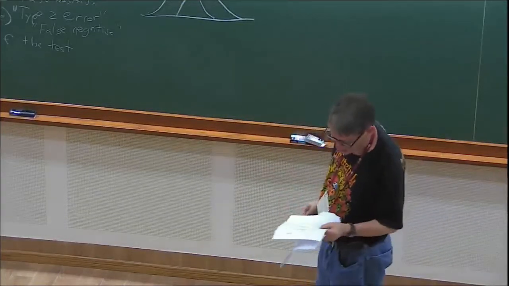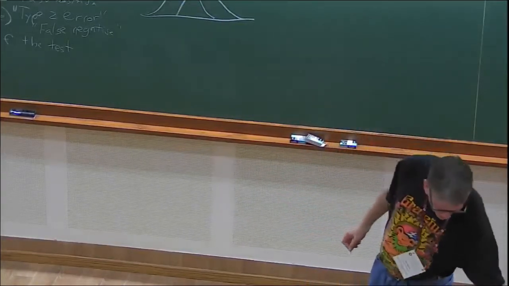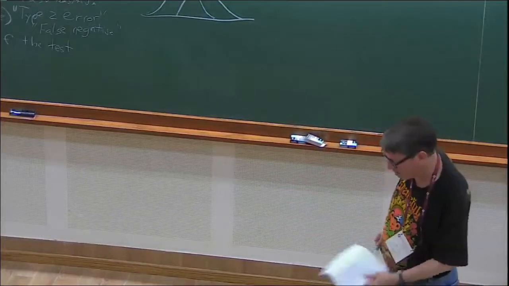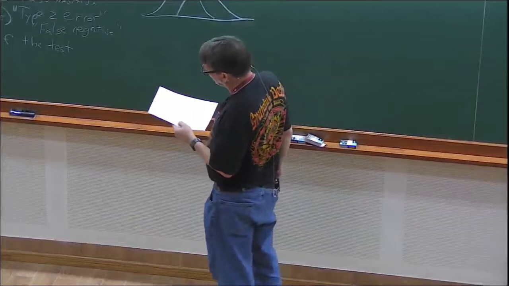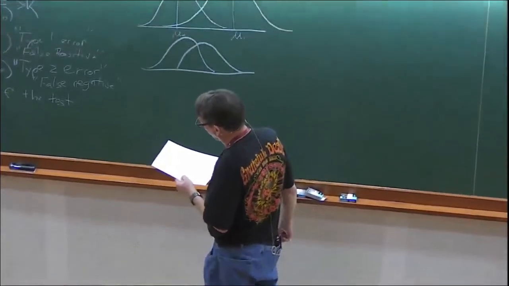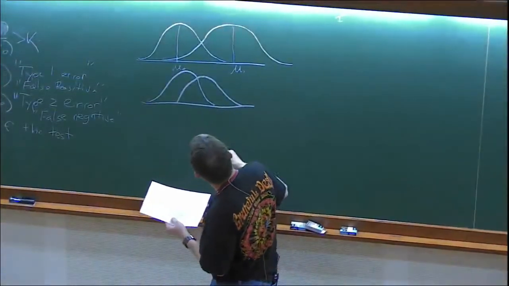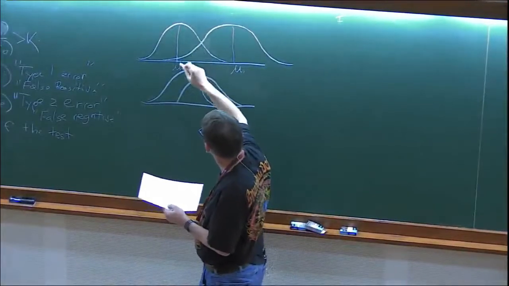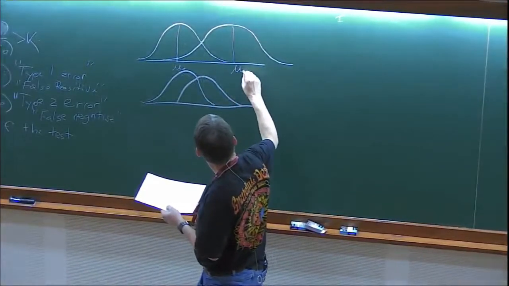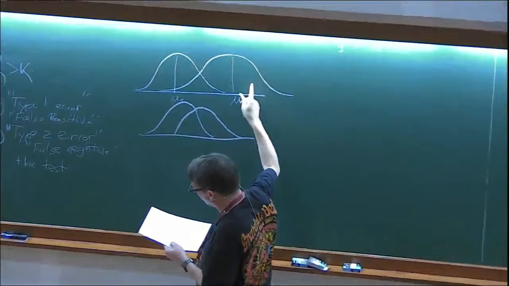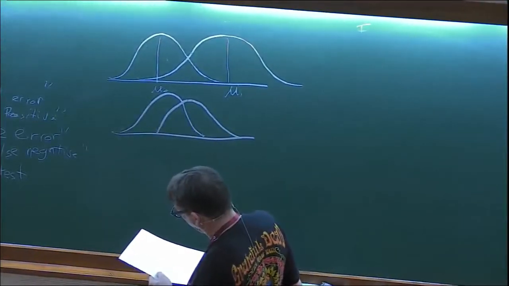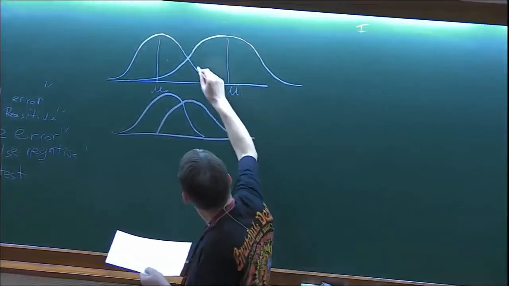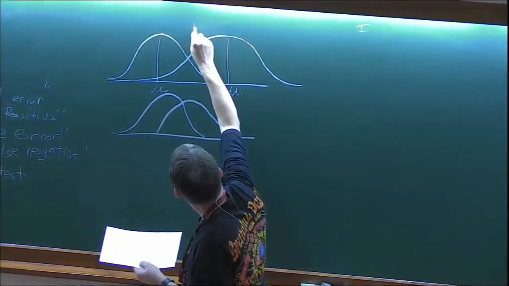Let me get back to my main theme here. So we have mu1 and mu0. We're associating H0 with this distribution, and we're associating H1 with this distribution. And so essentially what we have depends on where we draw this line.